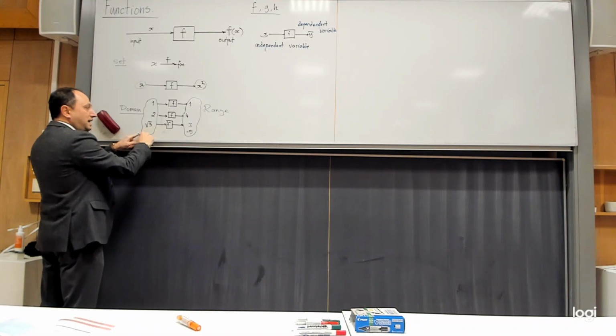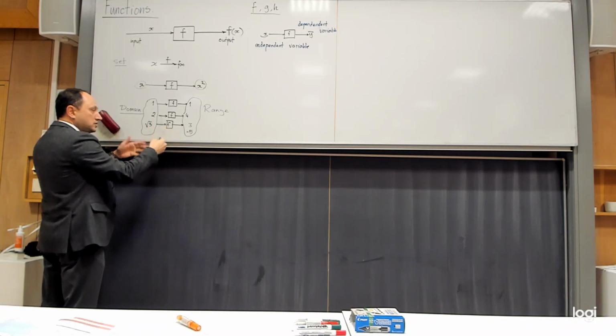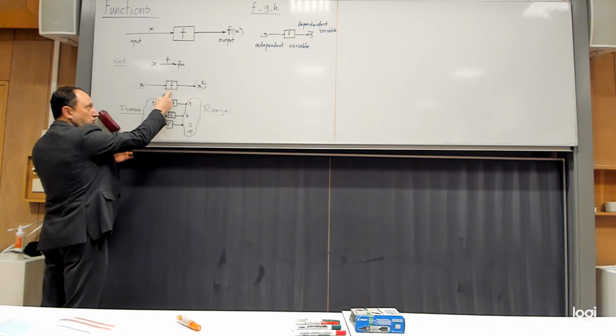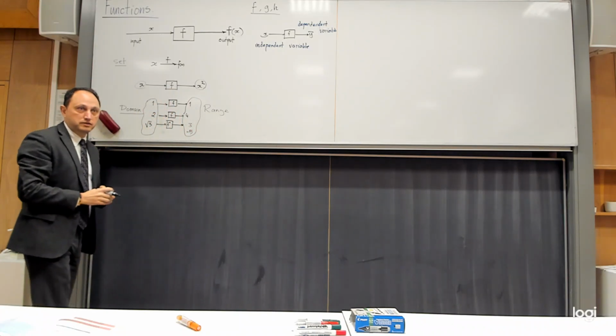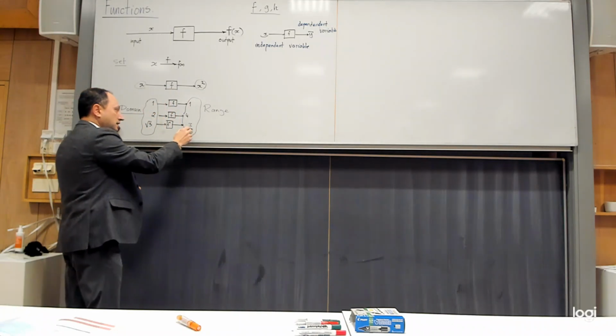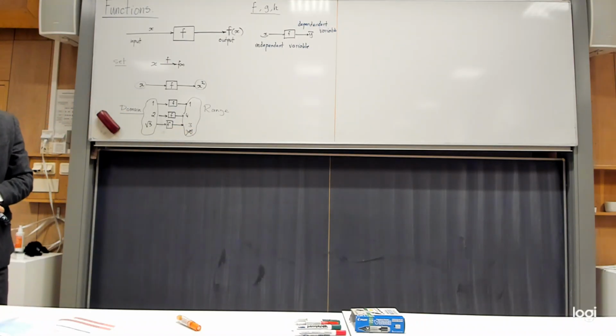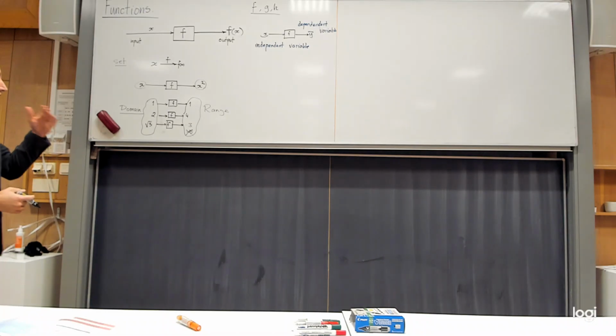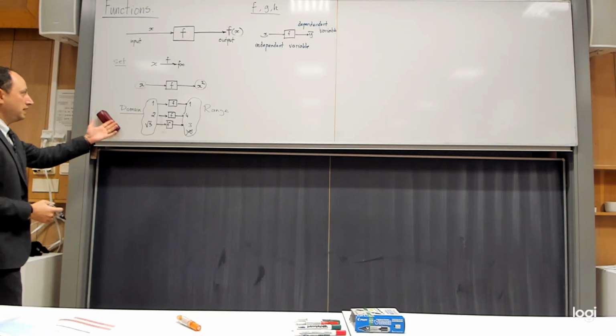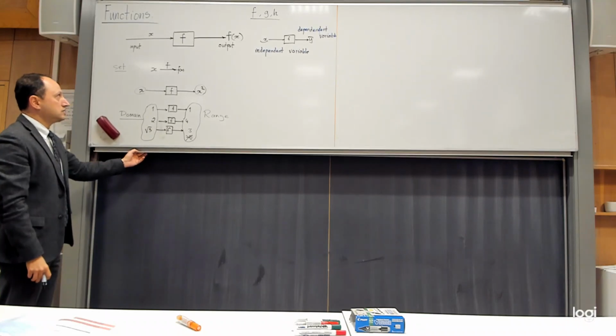Even if I send negative numbers in, because I am squaring them, I will get positive values. So I am not allowed to write minus 5 in the range. Is that clear? So if you think of a function in this way, it's really easy to understand what is going on.